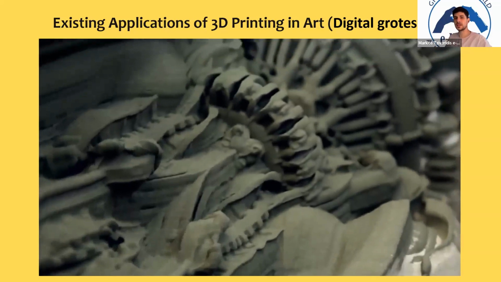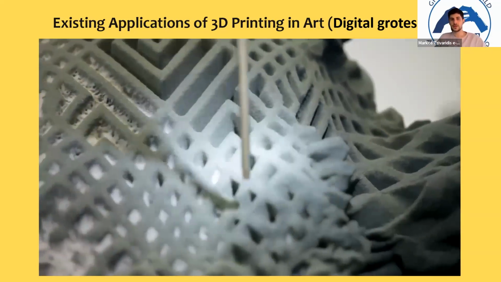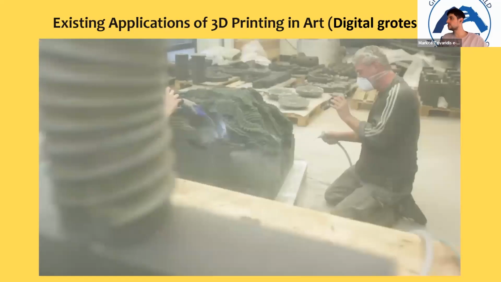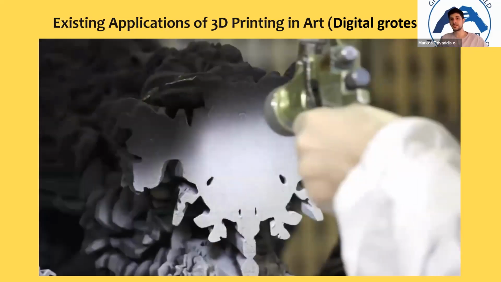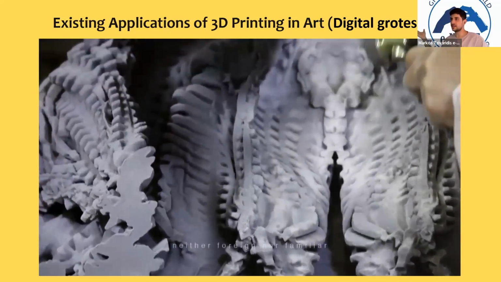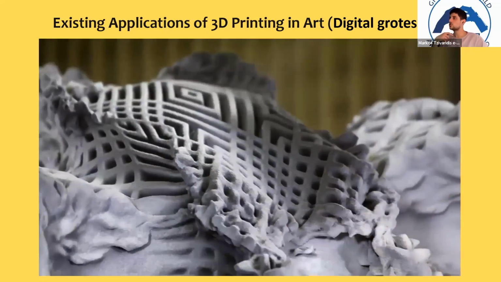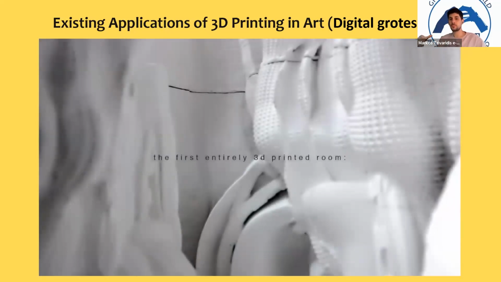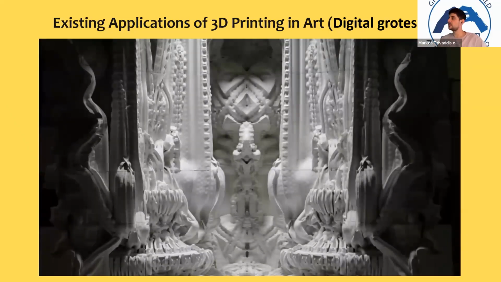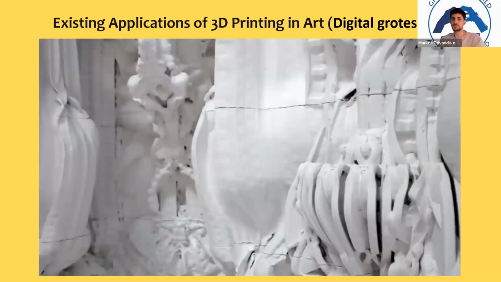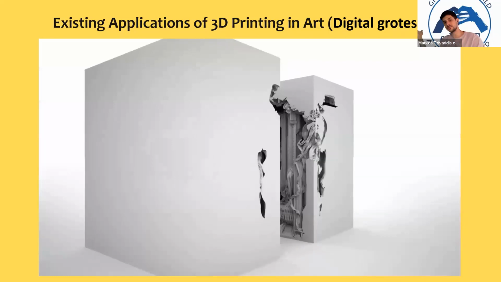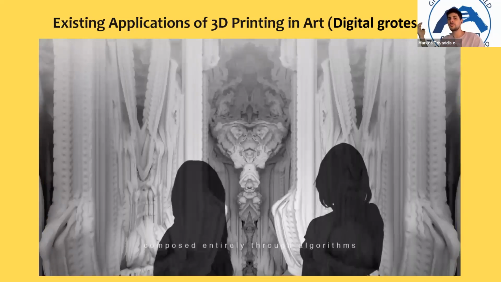But how are these shapes extracted? That's a very interesting part of it, because there wasn't somebody who decided to create this. An artificial intelligence architect, who is also an artist, created this. So they created a program which took every type of 3D architecture they could give it, and this artificial intelligence artist started creating 3D models.